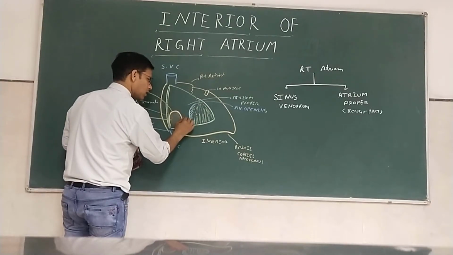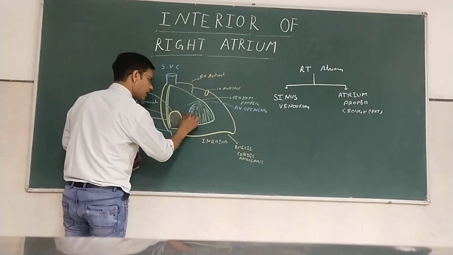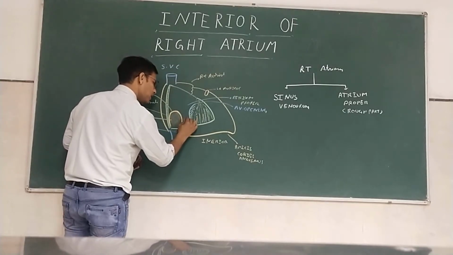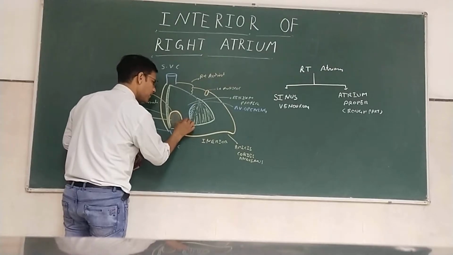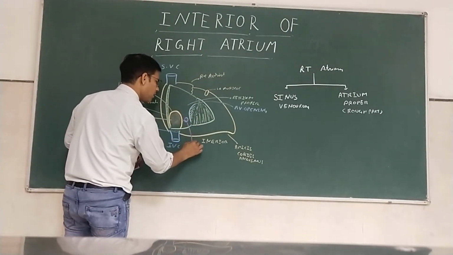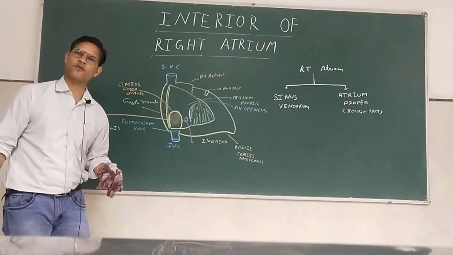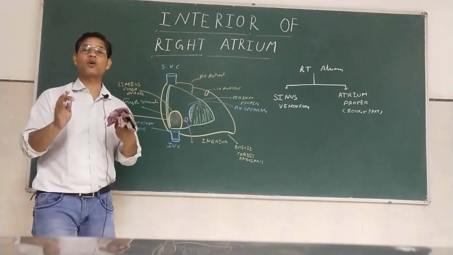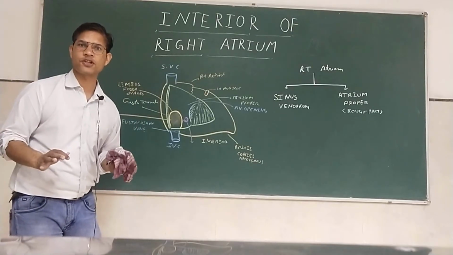Okay, somewhere in between the margin of the limbus fossa ovalis and this AV opening, there is another opening which carries the blood from the largest venous channel of the heart, that is known as the coronary sinus. Actually, the coronary sinus is the largest vein which is draining the heart.